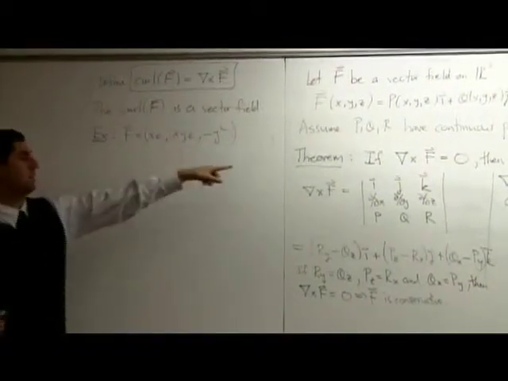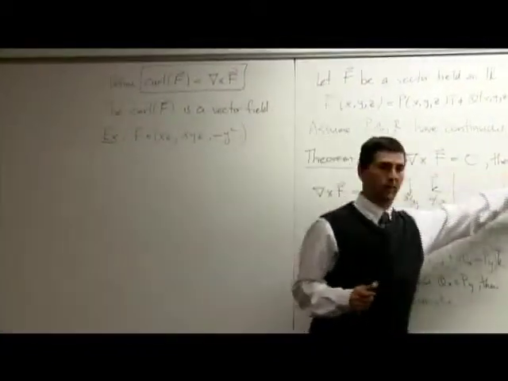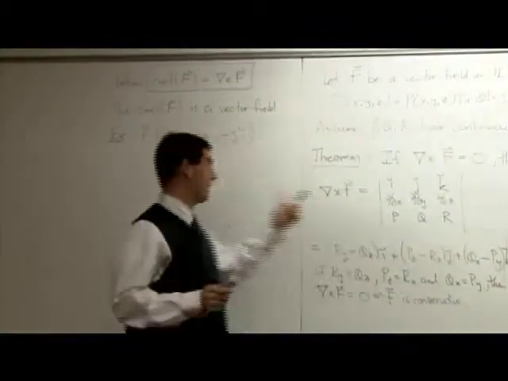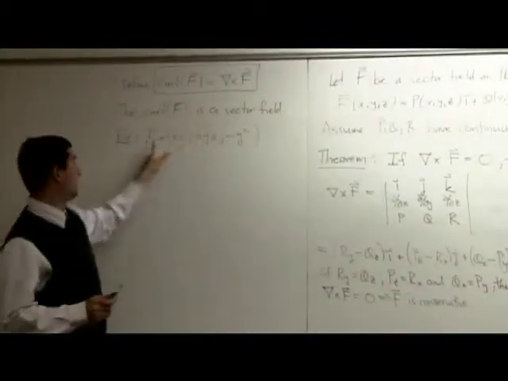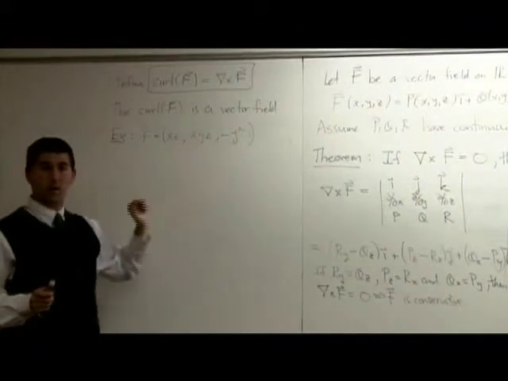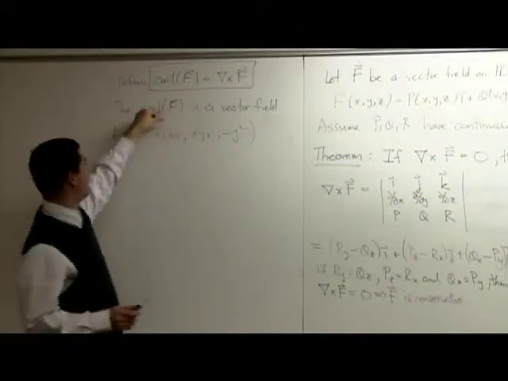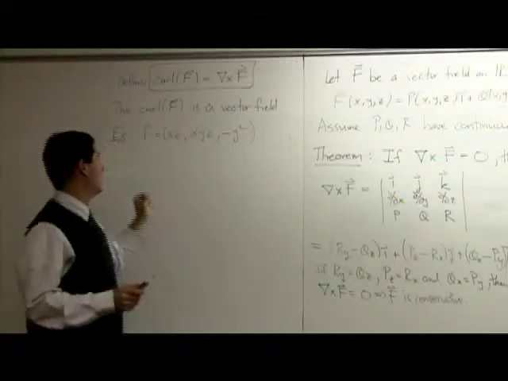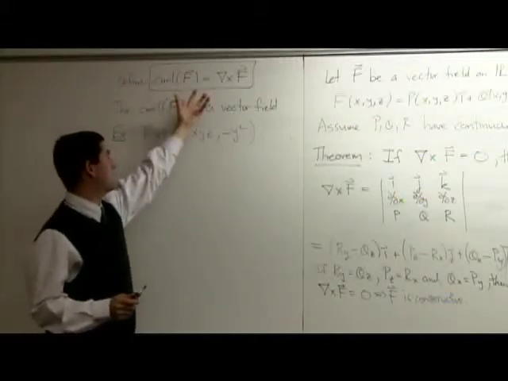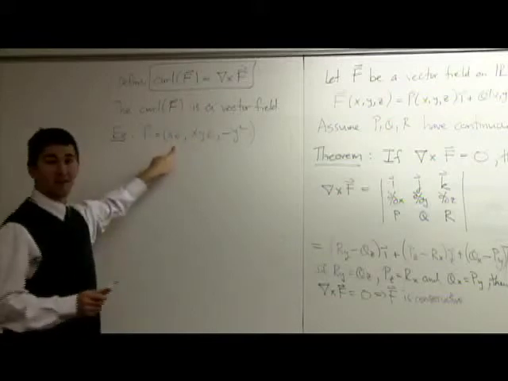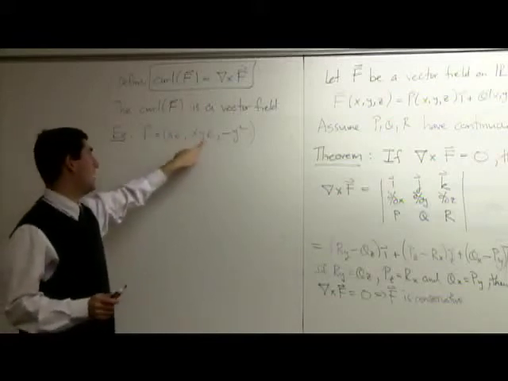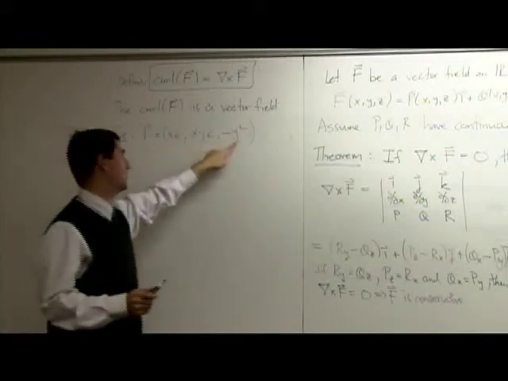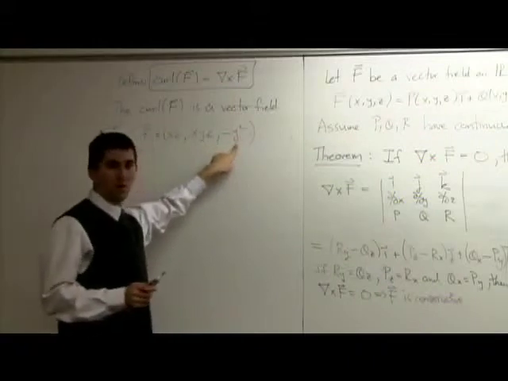So we want to check this. Now what does it mean that F is conservative? F is conservative means that there is a function that when you take its gradient, you get this vector field. When you take the gradient, you just take the partial derivative in each component. So we're looking for one function whose partial derivative with respect to x is xz, whose partial derivative with respect to y is xyz, and whose partial derivative with respect to z is minus y squared.